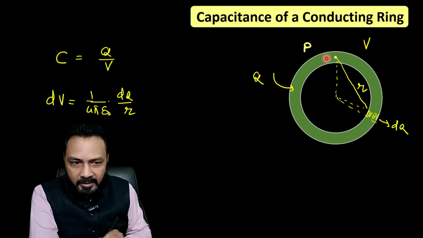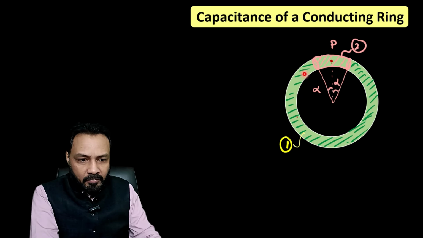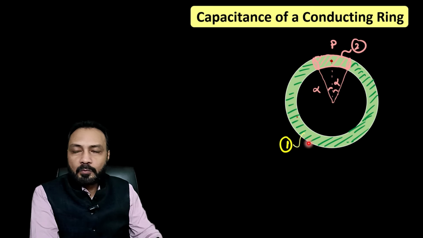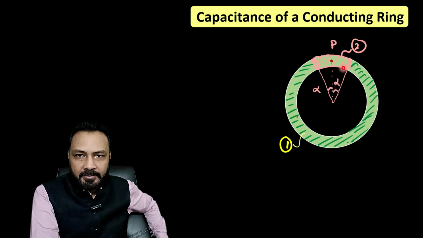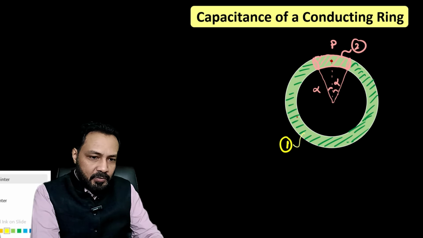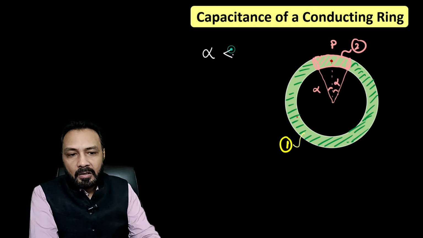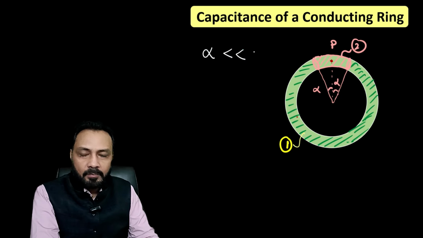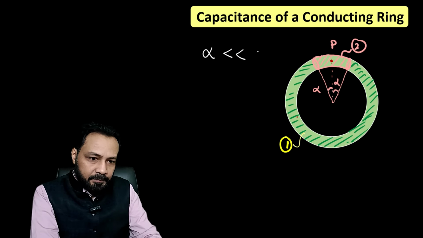So in the next diagram, I will divide this whole ring into two parts. This is part 1 and this is part 2. Part 2 subtends an angle 2 alpha radian at the center, and 2 alpha is very small, so alpha is very small compared to the whole angle subtended at the center, which is 2 pi radian.